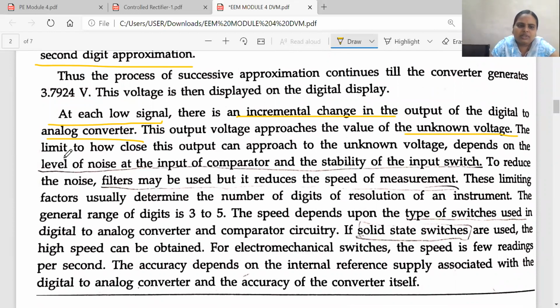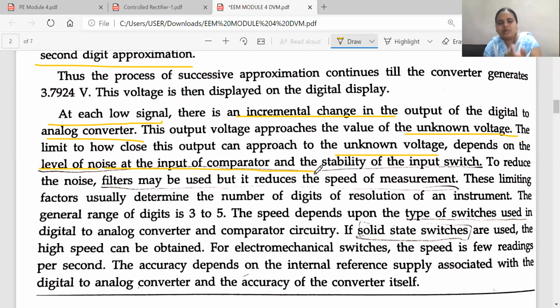Then the limit to how close this output can approach the unknown voltage depends on what approximate value I can get. It depends on the level of noise at the input of the comparator. If noise is more, you will not get an accurate value.